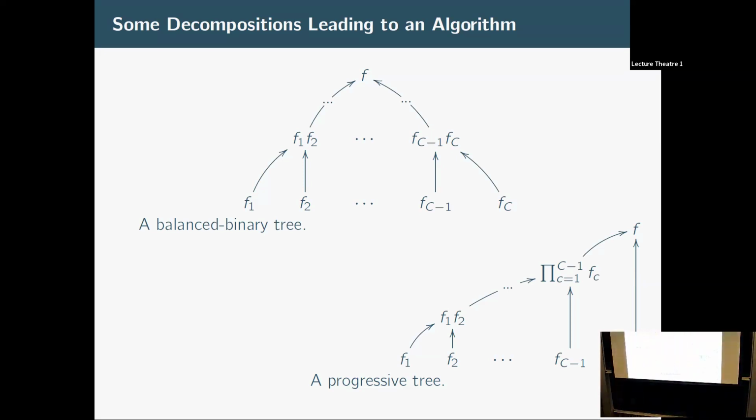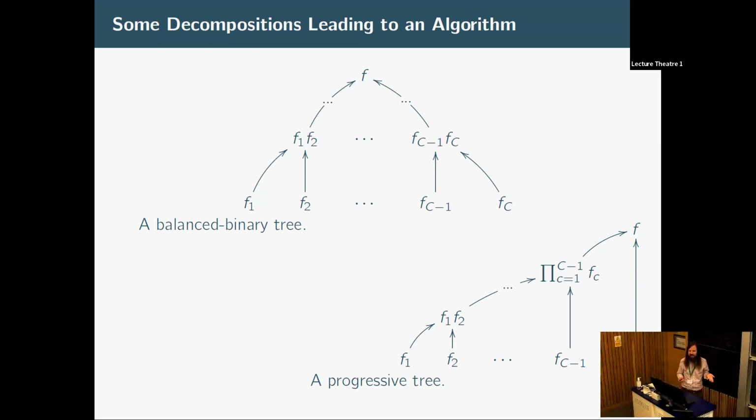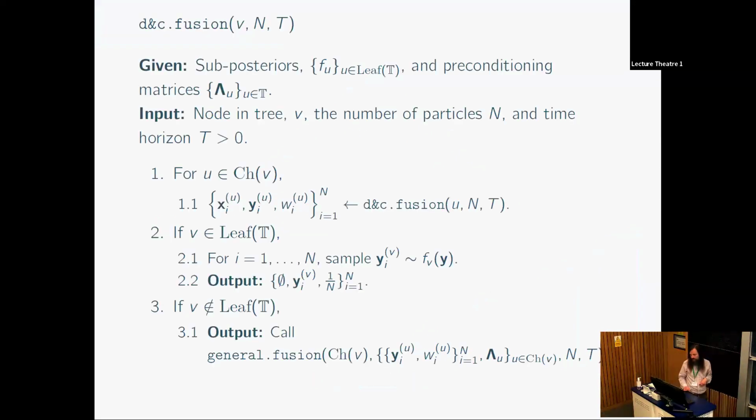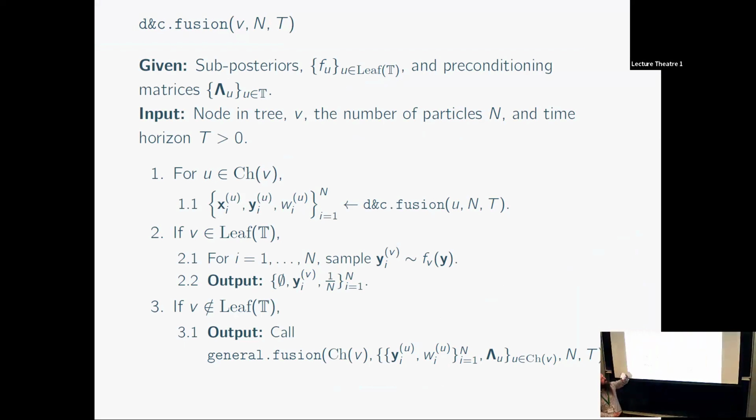Either of these give you structures which are amenable to sticking into the algorithm I just described, essentially. And so you get this divide and conquer sequential Monte Carlo variant of the thing, where you just iteratively call it on the children of any one of the nodes in that tree. You get some samples, you combine things. It all works out nicely.